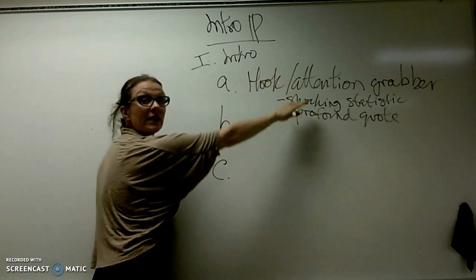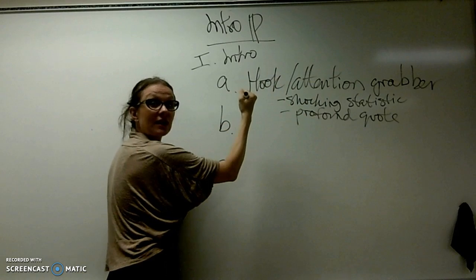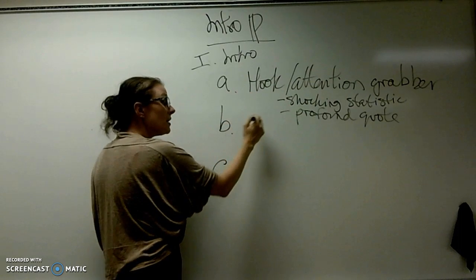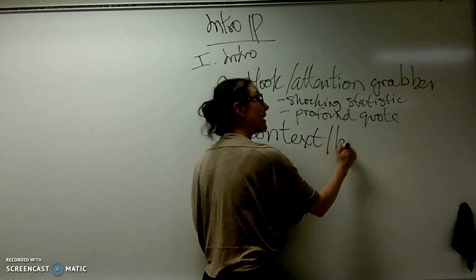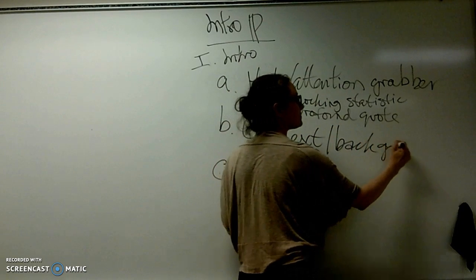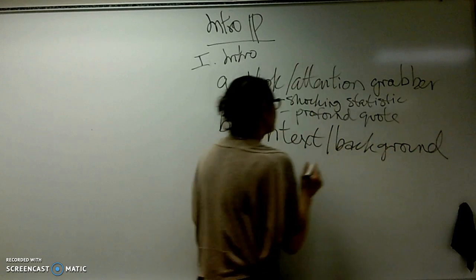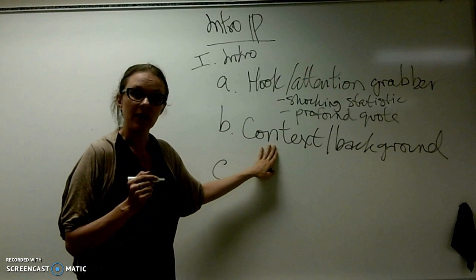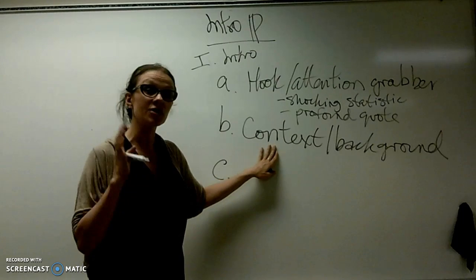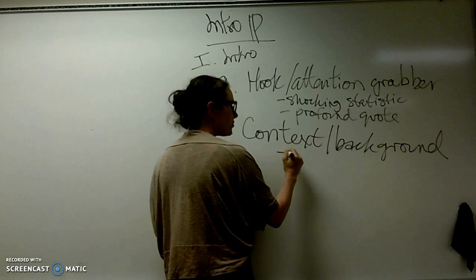Okay, so we reel our reader in. We give them something shocking to hang on to. Then what we're going to have is context or background. For context and background, you're going to use your common knowledge. Don't Google.